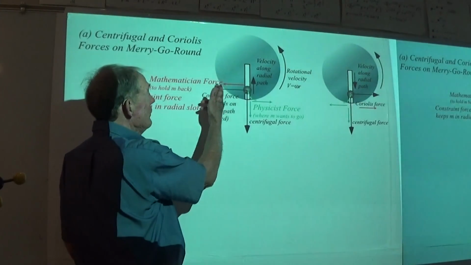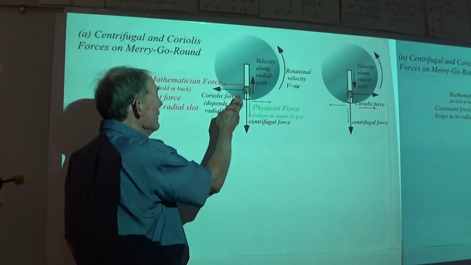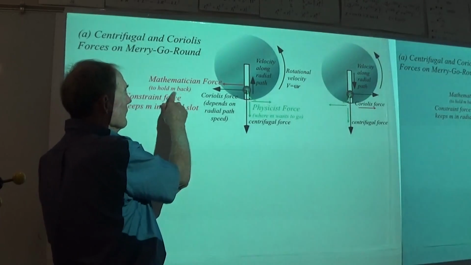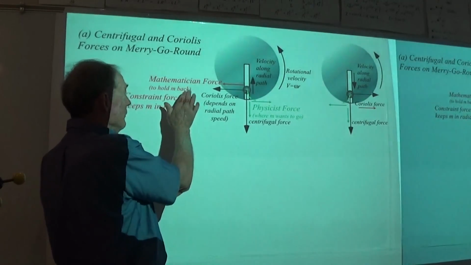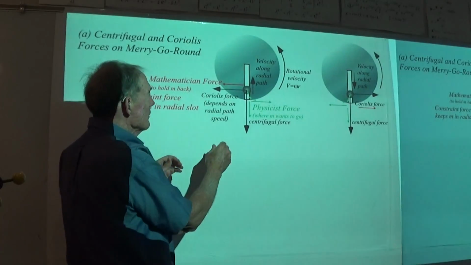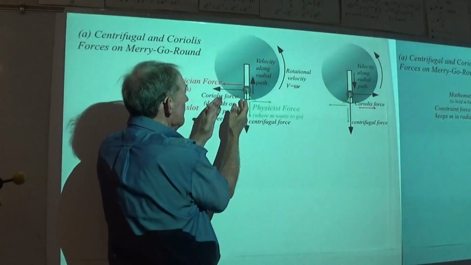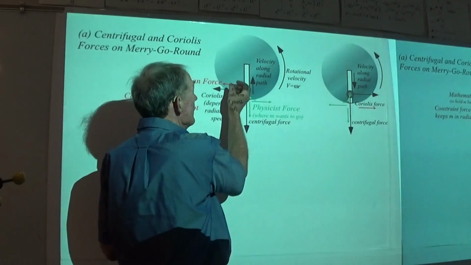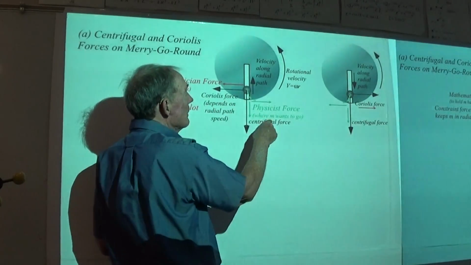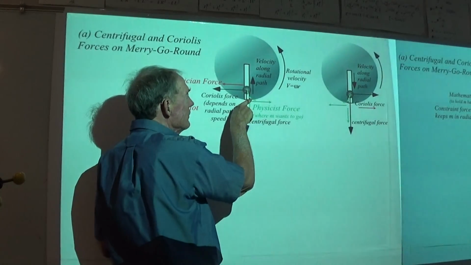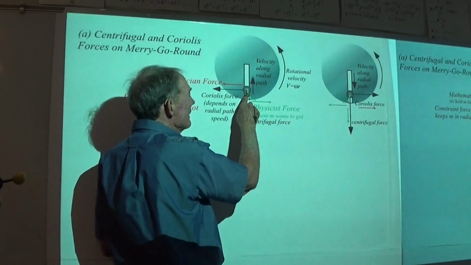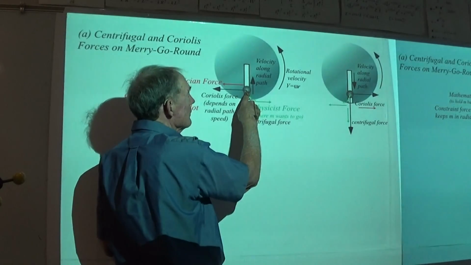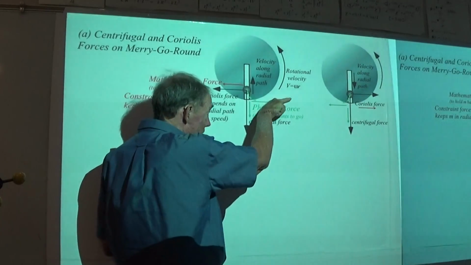either the mathematician's Coriolis force, which is what the mathematician, remember, holds it back, okay? So to keep the thing there requires a force that's this way to hold it. This is where it wants to go because it had lots of velocity out here on the rim, okay? And if it was going to keep that velocity, it would be taking off in that direction.